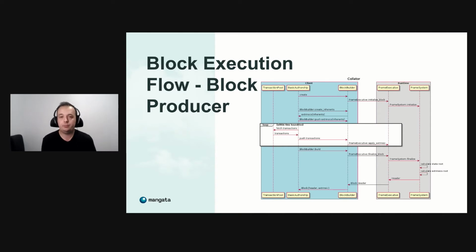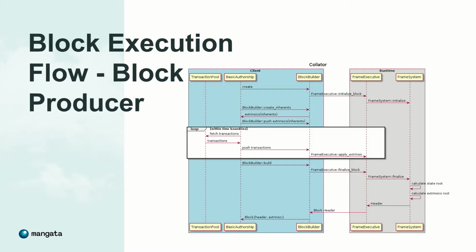And here we can see the execution flow for the block producer pipeline. Basically, the basic authorship crate instantiates the block builder. The block builder interacts with the runtime part.